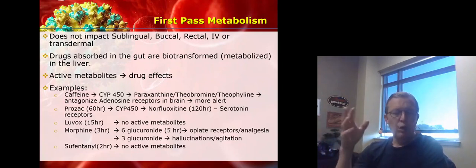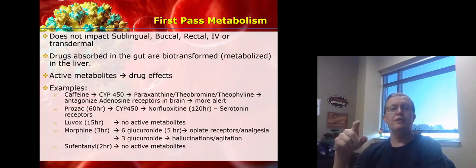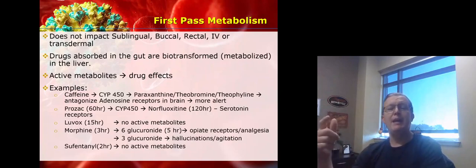However, once it has been biotransformed and undergone first pass metabolism, as it circulates in the system, it also has other metabolites that have effects in the body. I'm going to give you some examples of that, but they have effects that contribute to the overall impact or action of that medication in the human system.